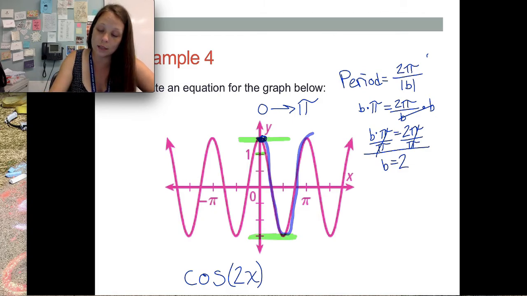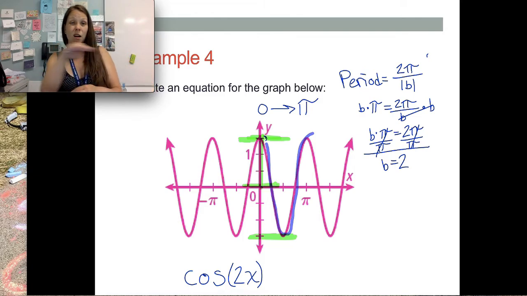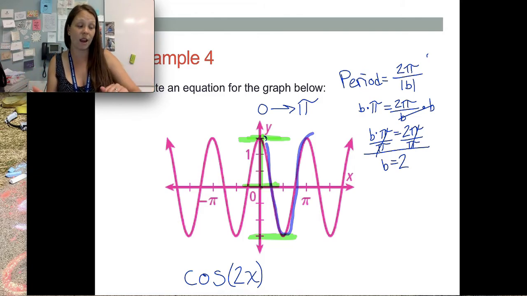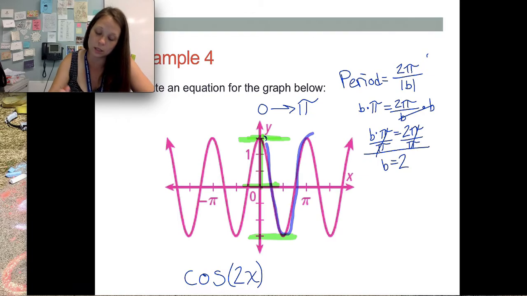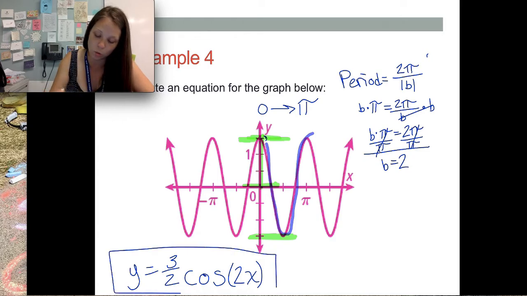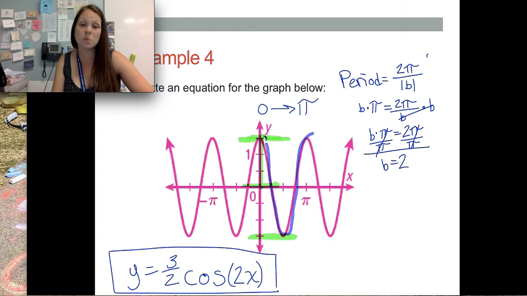So notice that the distance from the x-axis, which is kind of like this, the line that divides this graph in half horizontally, the distance from the x-axis to the top of the graph is 1.5 units, or in other words, you could say 3/2. So our equation is going to be y equals 3/2 times the cosine of 2x.